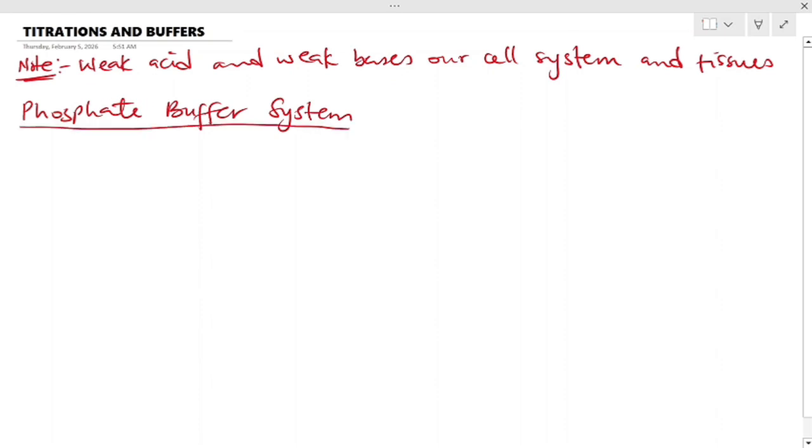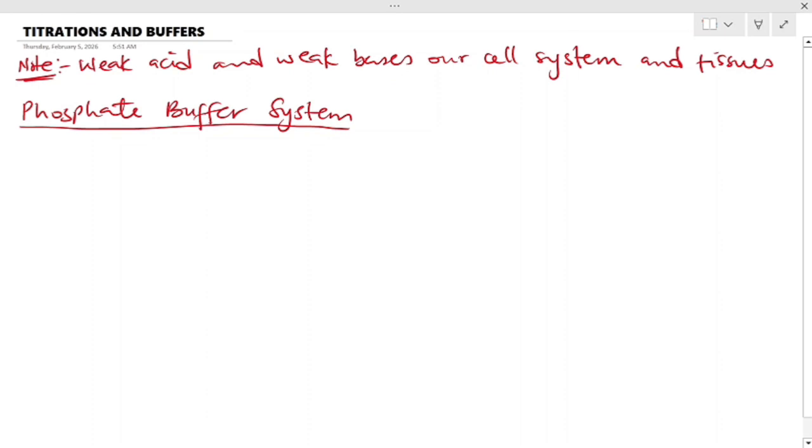This is the buffer system that operates within the cells. It acts inside the cell. So inside the cell, you want to keep the pH range within 7 to 7.4.